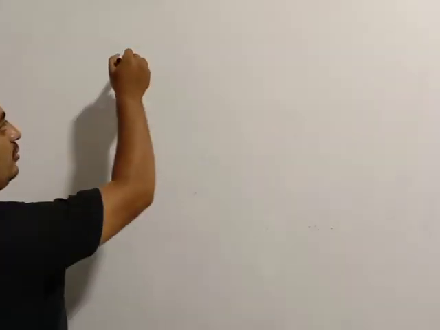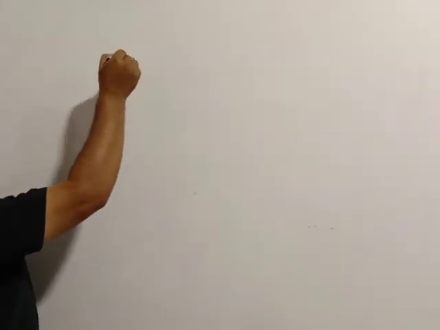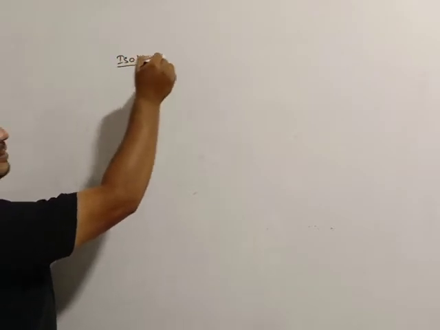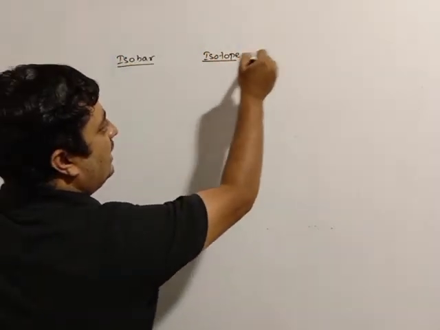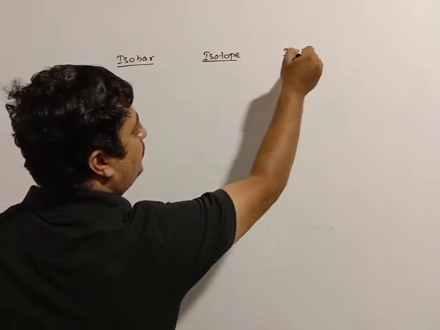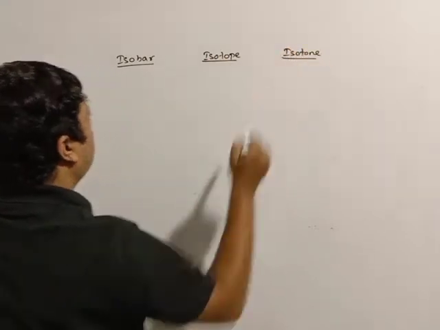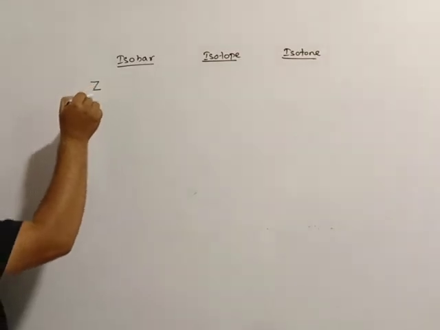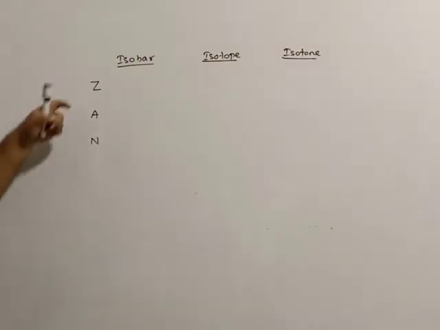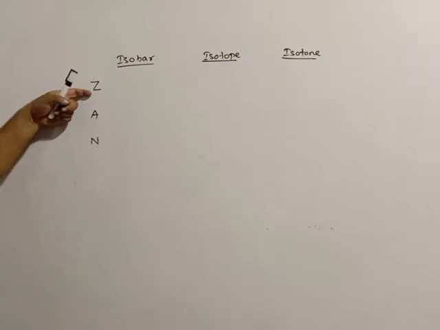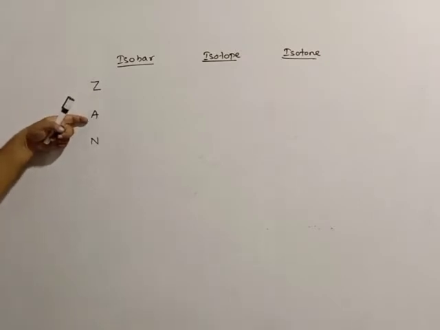Next, we'll go for isobar, isotope and isotone. So we have three terms, Z, A, N. Z is the atomic number, that is the number of protons. A is the mass number, that means the number of nucleons. N is the number of neutrons.